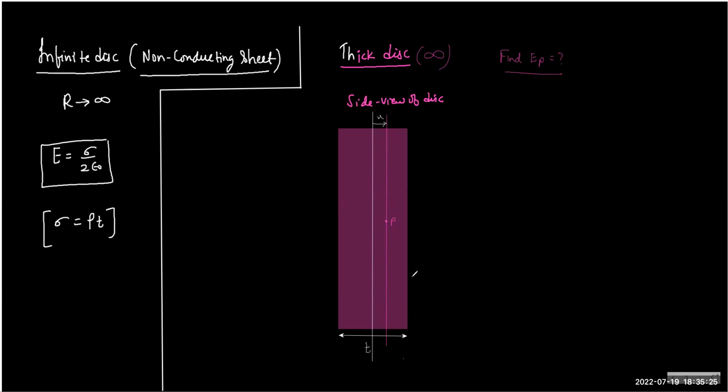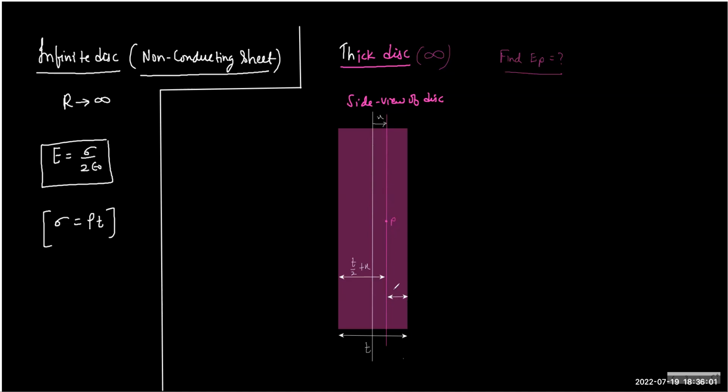How? So basically, the point P is sandwiched between two separate disks. So you can think of this as a sandwich of two disks. What is the thickness of the first disk? T by 2 plus x. Similarly, what is the thickness of the second disk?